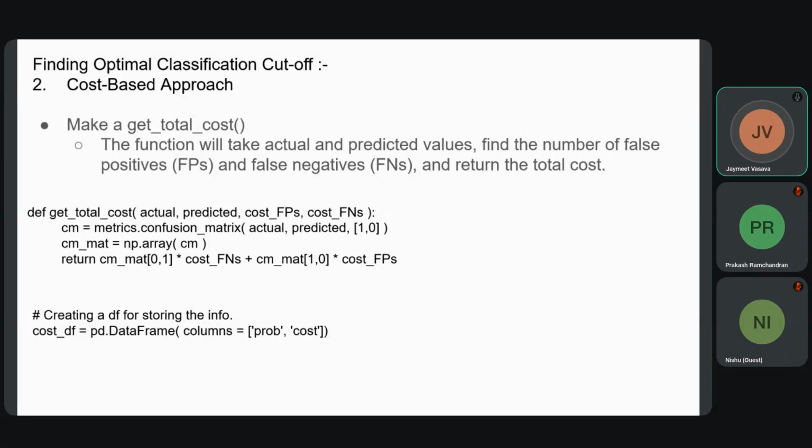For the cost-based approach, we'll create a function called get total cost, where the parameters for the function will be the actual and the predicted values and the number of false positives and the false negatives, and it returns the total cost. This is the description of the function that we'll be making. The Python code is below, for get total cost, with the actual and predicted values, and the number of false positives and false negatives as the other two parameters.